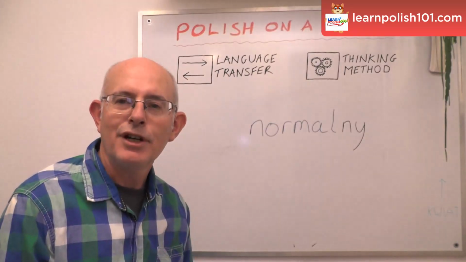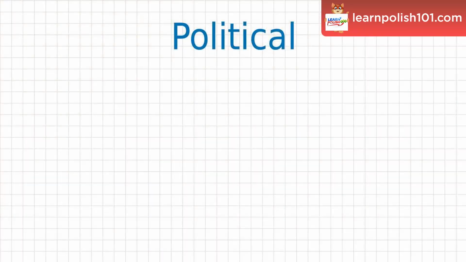Okay, let's have a look at the system. We're going to take the English word political. The way we do the transfer is we drop the ical, and if it was just an ic ending word we would just drop the ic, but in here we've got ical, so we'll drop the ical to get the root. Then of course we have a look at it to check how we might be saying it.